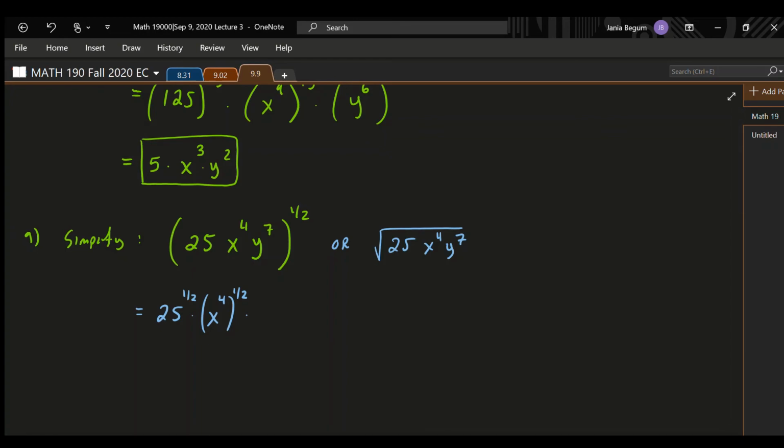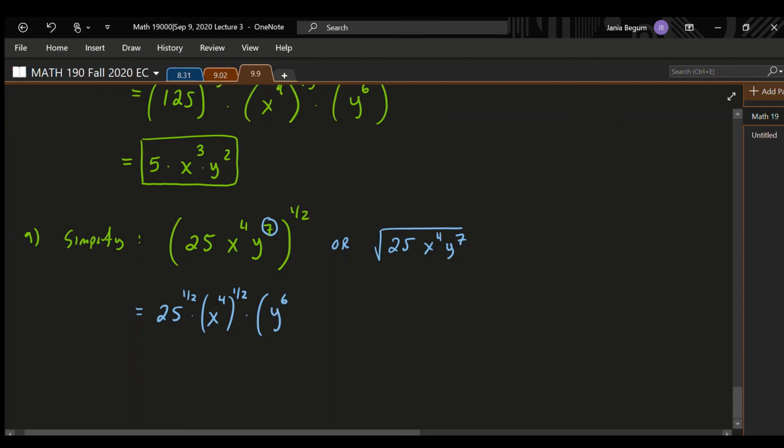It's to the power 7. If I do 7 to the power 1/2, 7 doesn't divide evenly. So what do you want to do? You want to split it up into an even power and an odd power. So I'm going to split up the power 7 as a 6 and a 1, because 6 plus 1 is 7. I'm going to rewrite y to the 6 and y, to the power 1/2.